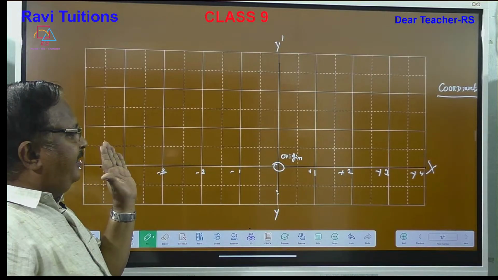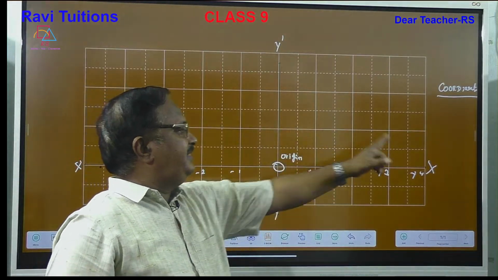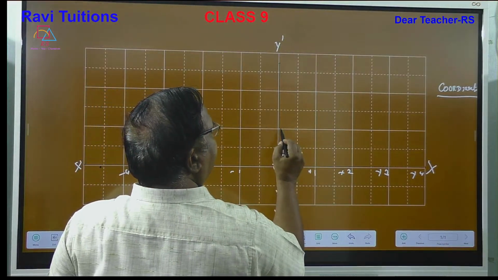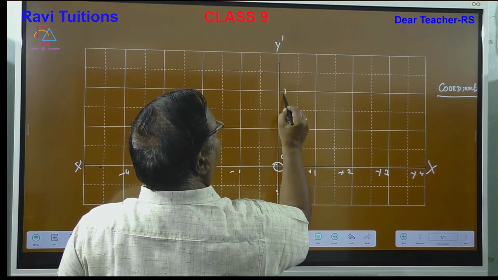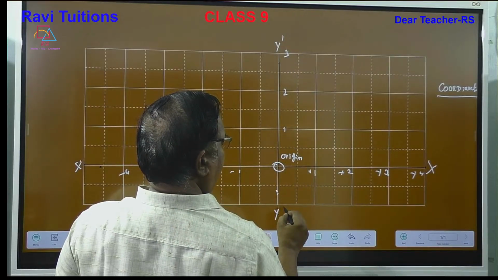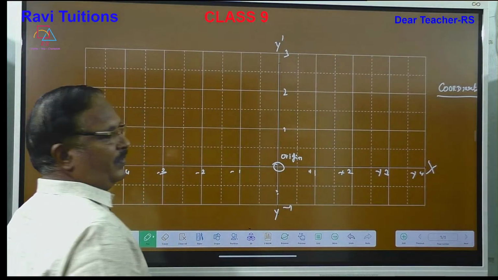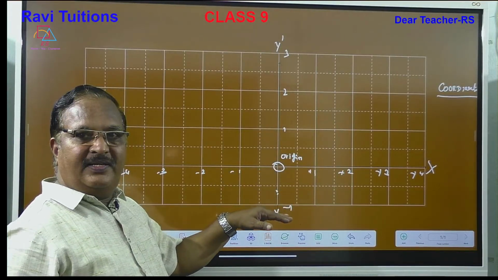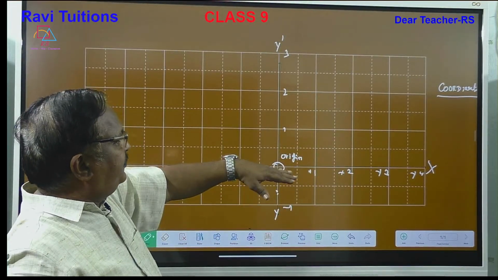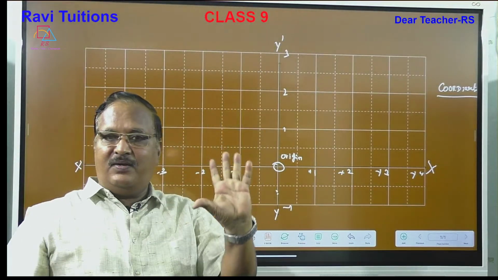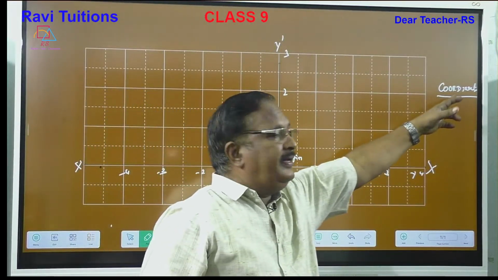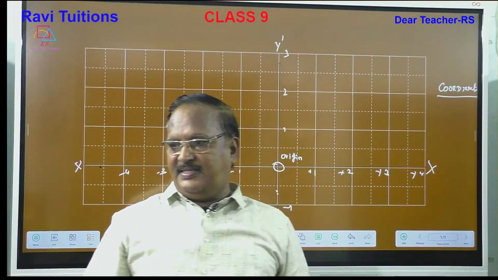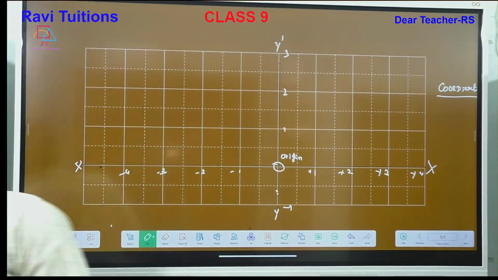If there is no positive, the y-axis can be taken there. In the same way on the y-axis, say this is 1, 2, 3 and this is minus 1. If there is no minus, the x-axis can be lowered. If there is no positive, the x-axis can be raised. In that way, as per the given coordinates and as per the need, you can adjust the x-axis and y-axis as per your wish.